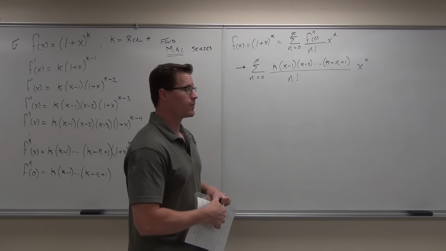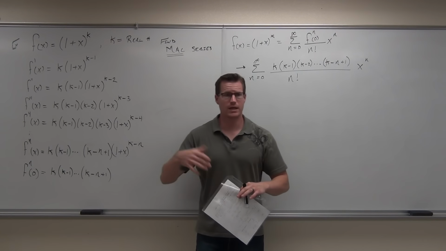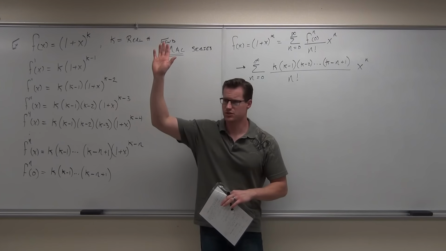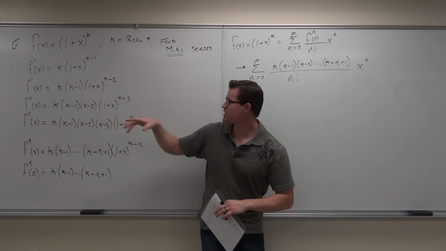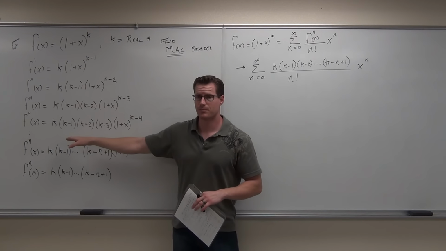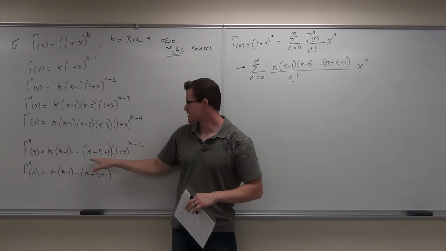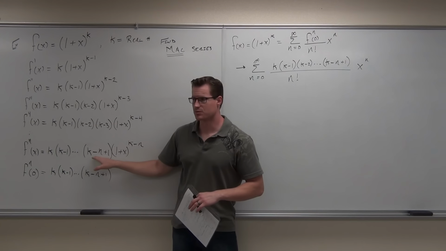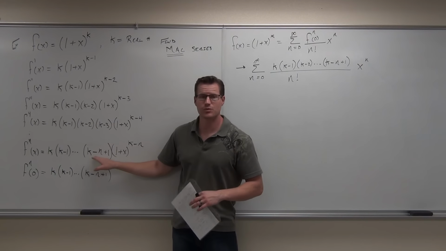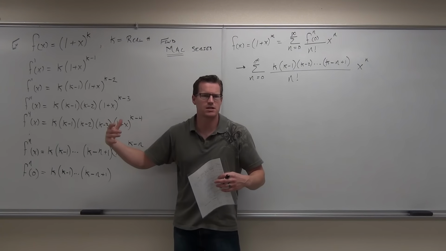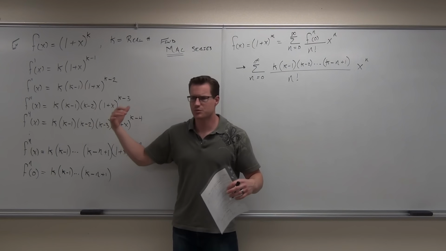Okay, what I want to know is by show of hands, you feel okay getting that far? Do you see where it's coming from? Do you see where all our derivatives are coming from? Why we stop at k minus n plus 1? Do you see where that's coming from? All right, well, if we plug in 0 for x, which is our center, it's a Maclaurin series, it says c equals 0, no problem, just plug that in.